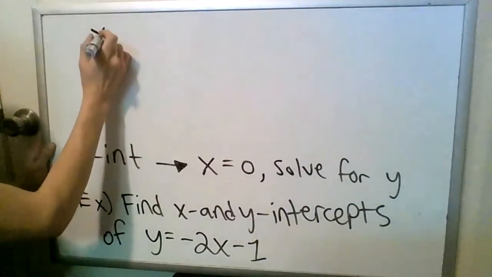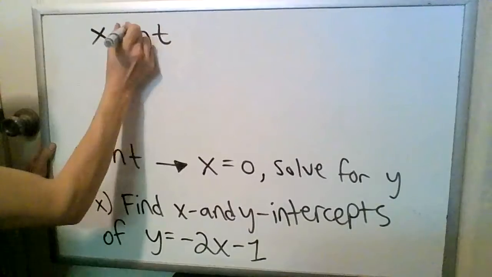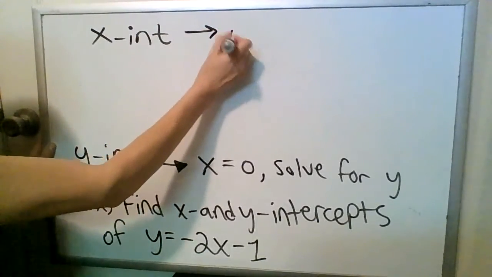Let's start with the x-intercept. Put y equal to 0.